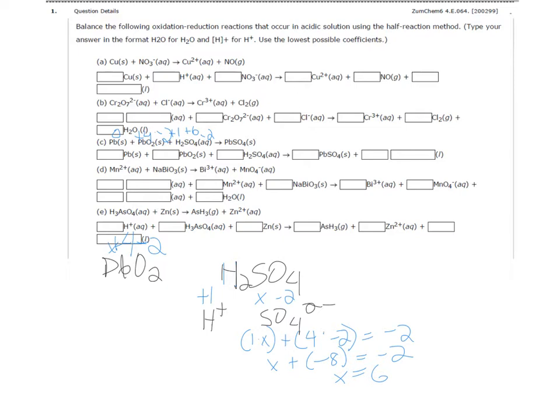For lead(II) sulfate, we also see the sulfate ion. Let's identify those ions, lead(II) and sulfate. And students, I'll give you a hint. Once you've figured out the oxidation states for the elements within the sulfate ion, you've got it for life.